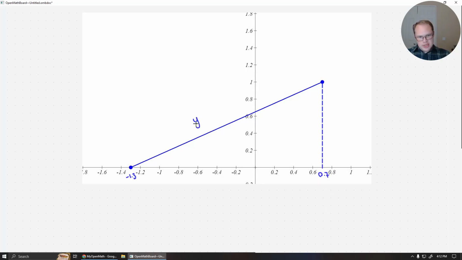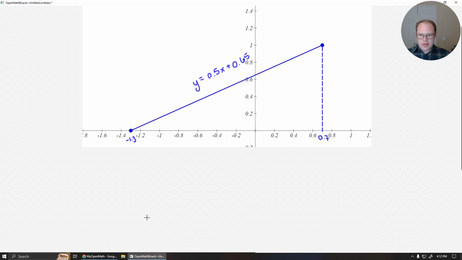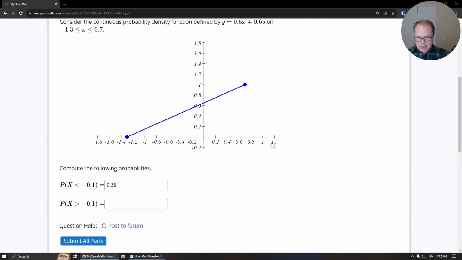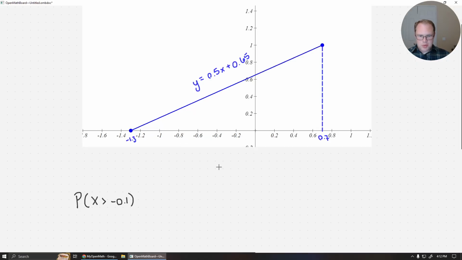And the function itself is y equals 0.5x plus 0.65. Okay, now we want to find the probability that x is bigger than negative 0.1, right? That's the second probability we want to find here.